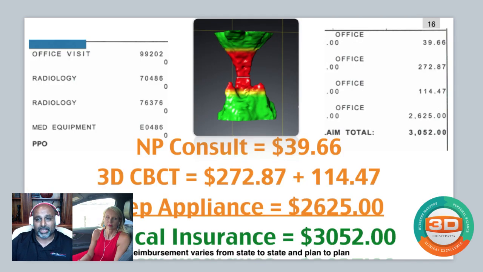And the easiest way to help our patients make this affordable is to leverage medical insurance. Now, I want to call out a very important statement I have on here. Reimbursement varies from state to state and plan to plan. What I'm showing here is an actual claim from a patient here in our practice in the state of North Carolina, and this is the level of reimbursement we can typically expect here in North Carolina.